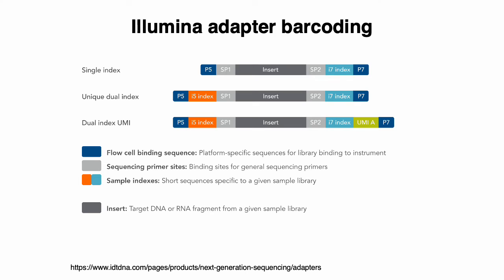And so the important part here is that in the dual index adapter, you have an additional sample index, what's called an I5 index, which is just another sample index that allows you to uniquely identify which fragment belongs to which sample.